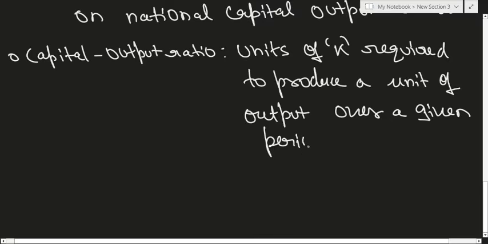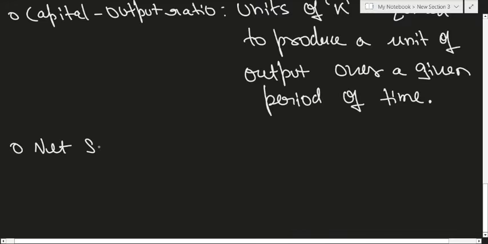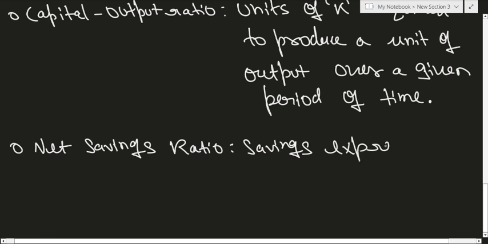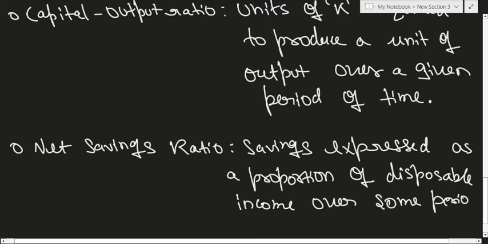Then we have the net savings ratio: savings expressed as a proportion of disposable income over some period of time.